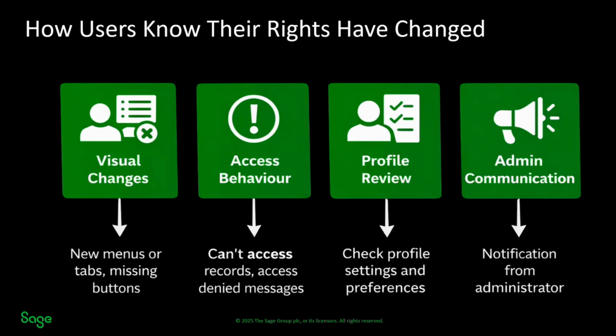Now, Sage CRM doesn't notify users automatically when their rights change. Users would typically notice changes by seeing new menus or tabs appear, or if they lose buttons such as delete or new, or they might receive an access denied message if they've gained or lost access to records.